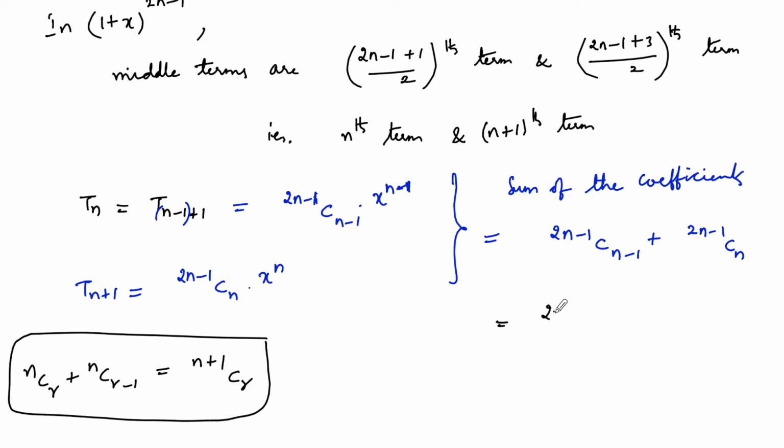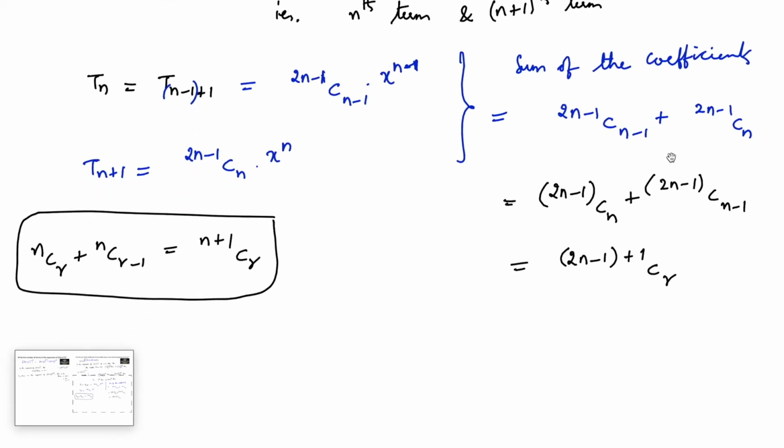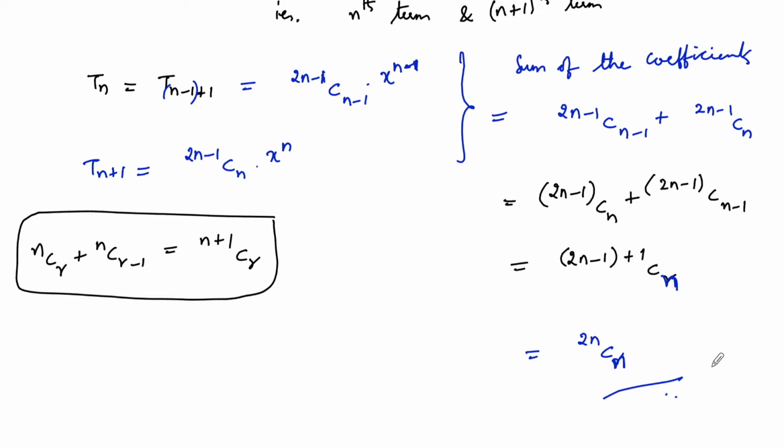So this can be written as 2n-1 C_n plus 2n-1 C_(n-1), which is (2n-1+1) C_r, where r is n. So 2n-1+1 is 2n, giving 2n C_n. So 2n C_n is the answer.